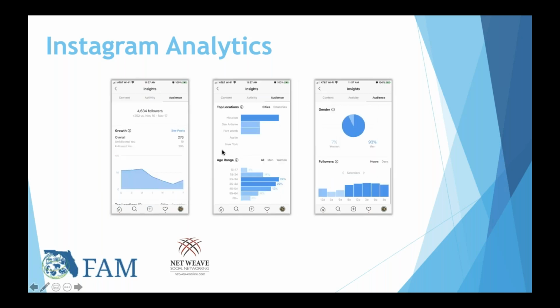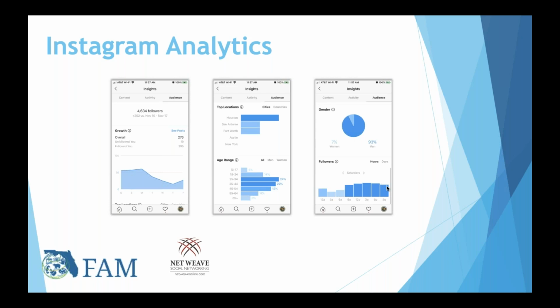If you keep going and you get to the audience, you can see growth, top locations, age, gender, and days and times. So you can scroll through the days and see when your audience is on. Just like Facebook, this is telling you when they use Instagram.